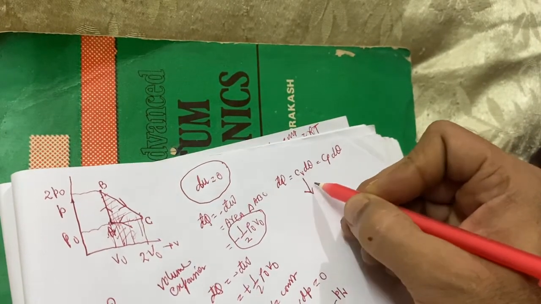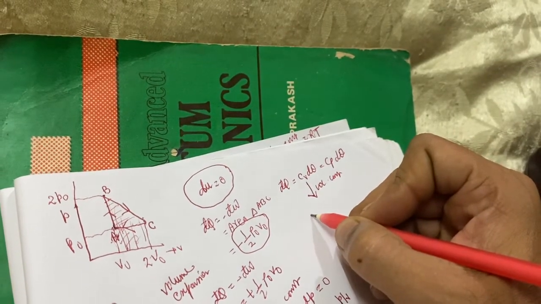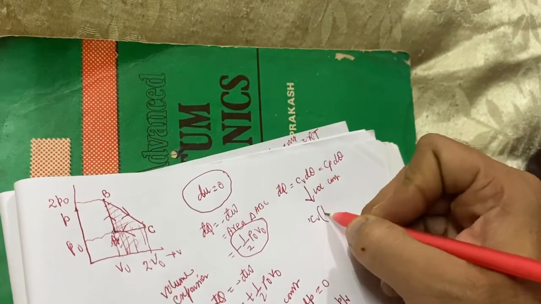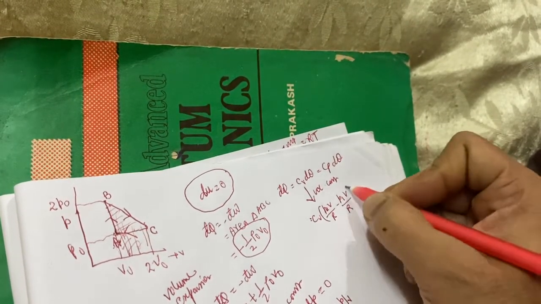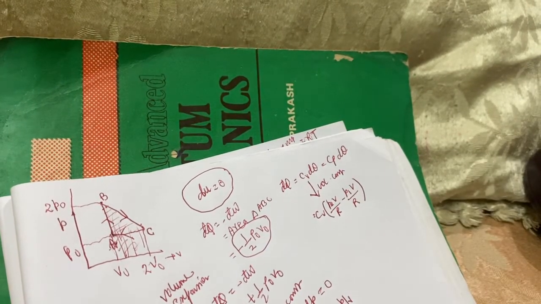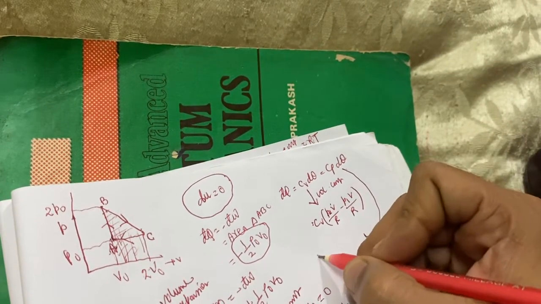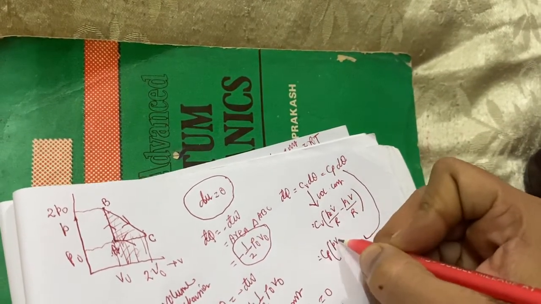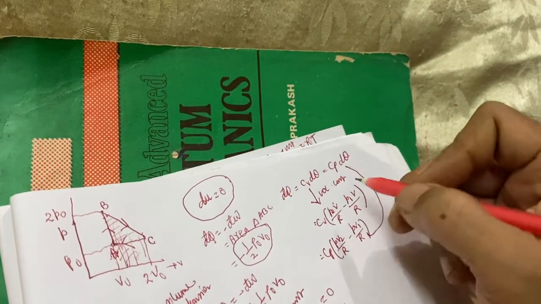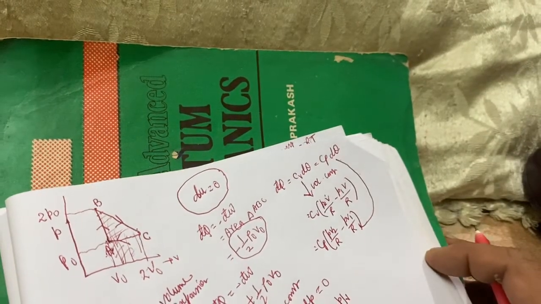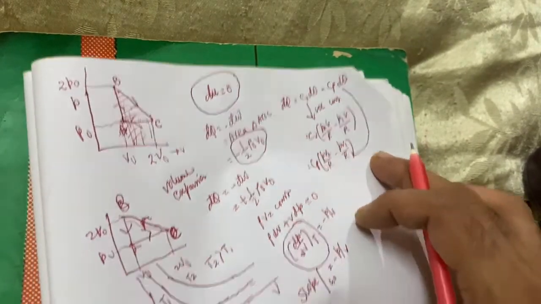Cv d theta means volume constant, so dq would be Cv times (P2 V by R minus P1 V by R) at constant V. For pressure constant, it is equal to Cp times (P V2 by R minus P V1 by R). This is the value of dq, Cp and Cv for isobaric and isochoric processes.